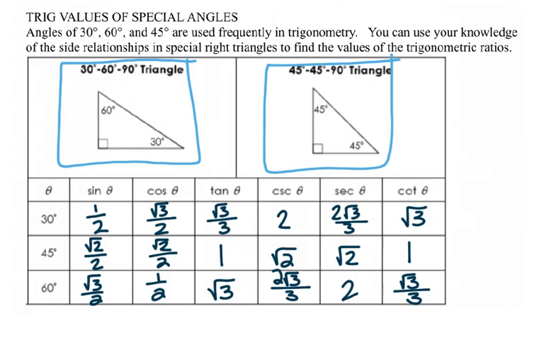Alright, notice for all of these, we don't have any radicals on the bottom because that's not grammatically correct. These are just your big trig angles that you need to know. And you can use your calculator to find these out. So it's not something you have to memorize, but if you're not going to memorize them, then you have to know how to derive them to get to them.